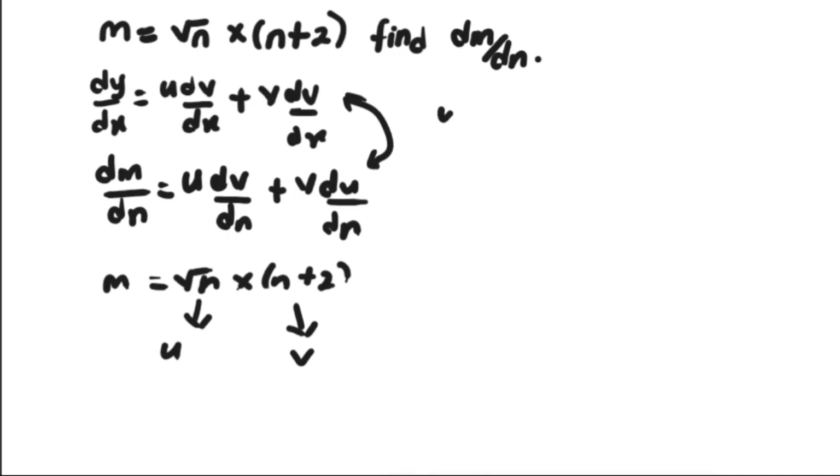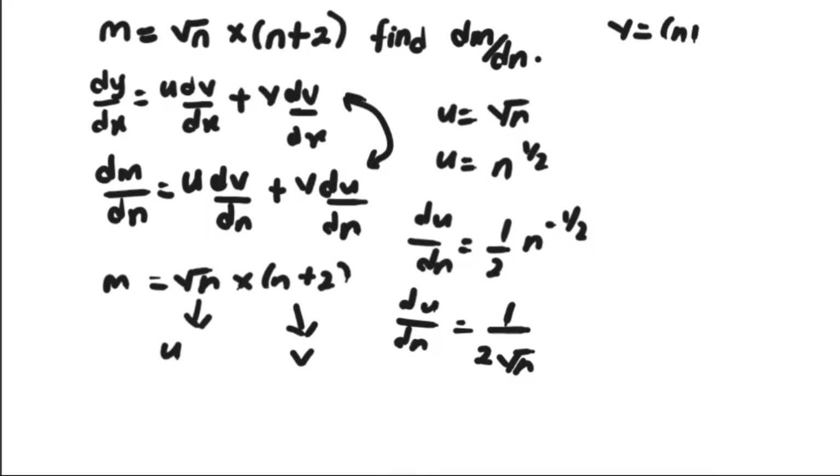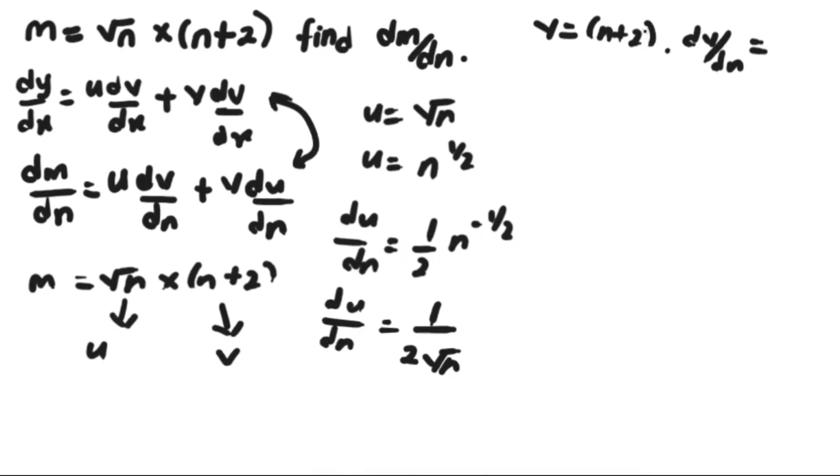So u is equal to root n, which is the same thing as n raised to power 1/2. So du/dn is going to give us 1/2 n raised to power minus 1/2, which means our du/dn will give us 1 over 2 root n. Same process, our v is equivalent to n plus 2. If we differentiate n plus 2, we are going to get 1. So our dv/dn is 1.